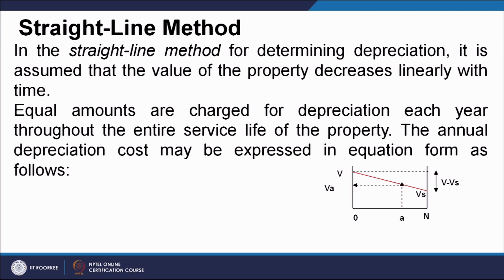The annual depreciation cost may be expressed in equation form as follows. The equation is D = (V - Vs) / N, where D is depreciation. In the right hand side figure I have shown that the amount to be depreciated is the gap between V and Vs, and this has to be depreciated in N years.